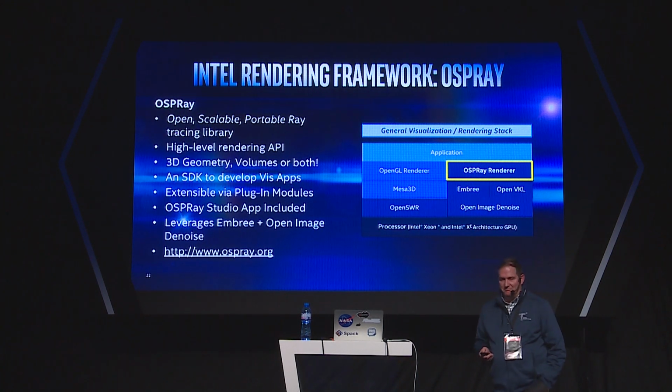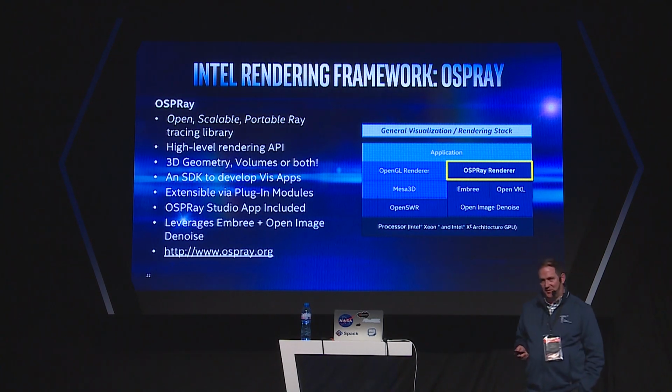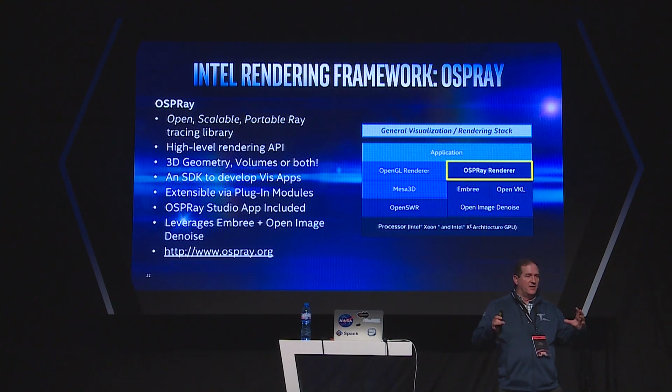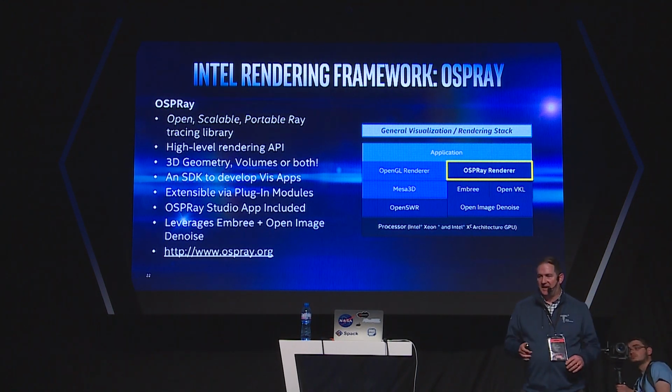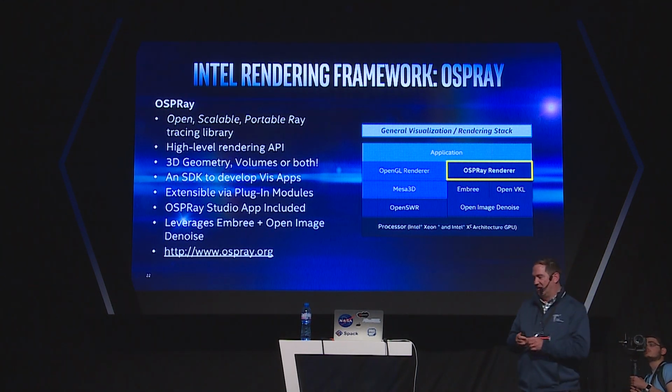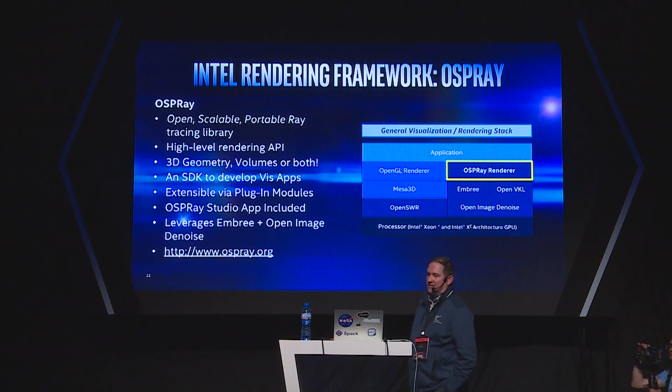It doesn't map to OpenGL, you can't do that, but from a conceptual context, it's OpenGL with considerations for general ray tracing and capability, and it's been written from the ground up. So again, very cool API. You can do 3D geometry or volumes or both or integrate them.